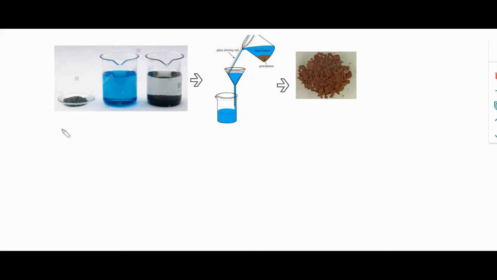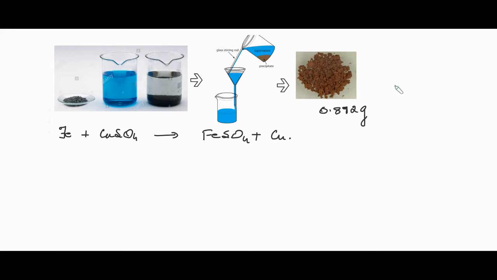The displacement reaction is Fe plus CuSO4 gives FeSO4 plus Cu. The FeSO4 that is formed is soluble and remains in the solution. But the copper is formed as a precipitate, so it is separated by filtration, dried and weighed. After filtration and purification, we are told that 0.872 grams of copper is obtained. So this is the experimental portion.